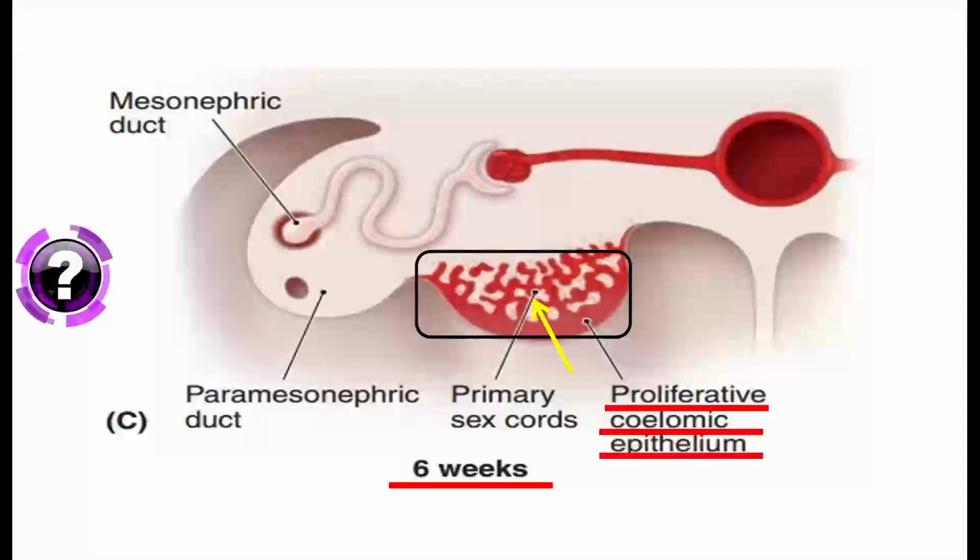And when these cells grow into the genital ridge, they don't go in as a solid mass of cells, but as irregular cords of cells, and these are called primary sex cords.